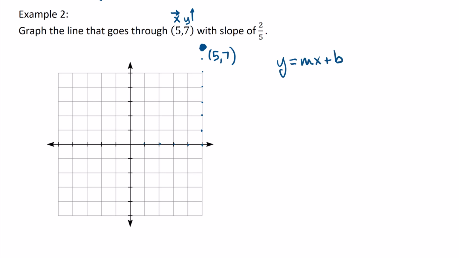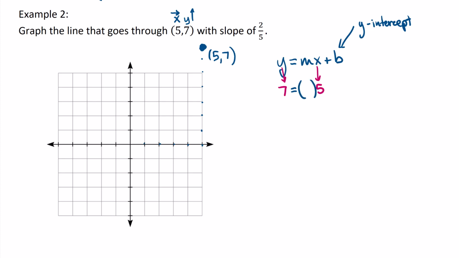We need to find b. This is my y-intercept. So I know the two values for x and y. So y is 7 and x is 5. And now I'm going to substitute my other values in.